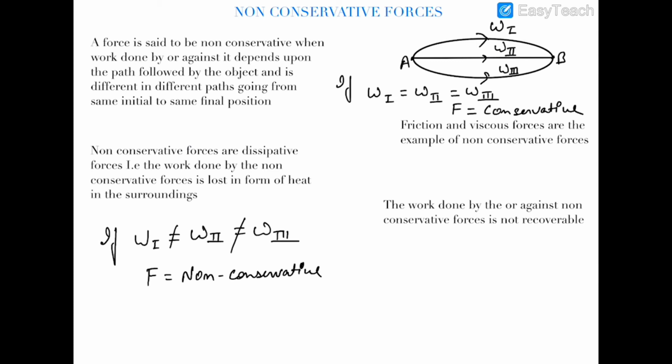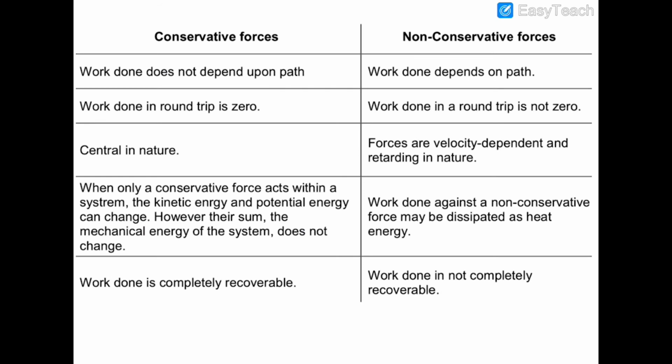So the work done against friction is being converted into heat, and it is lost in the surroundings, and hence that heat cannot be reverted back, and it is not recoverable. So the work done against non-conservative forces is absolutely not recoverable, and we cannot get back that work done.